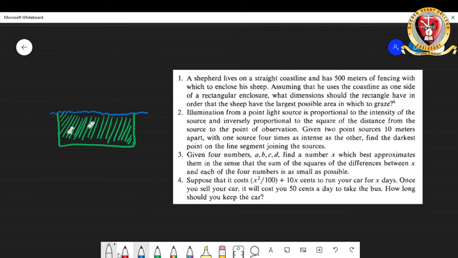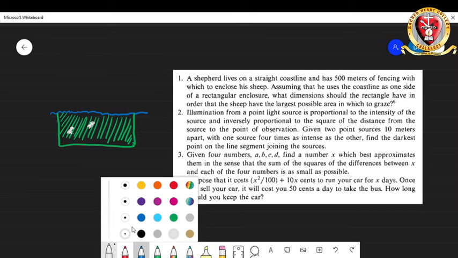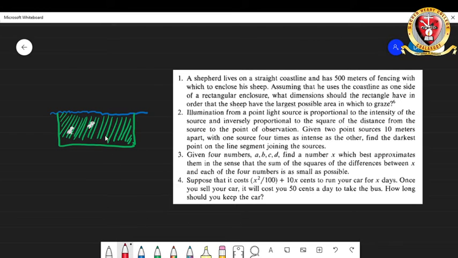So what all is given? We are given the coastline. Okay, so this side is the coastline as we have said. So you have the sea here. So no fencing is required here. It is the coastline. So we have to do the fencing on these parts 1, 2, and 3.